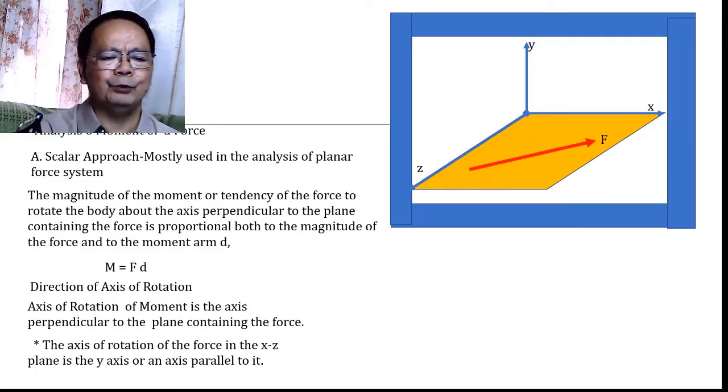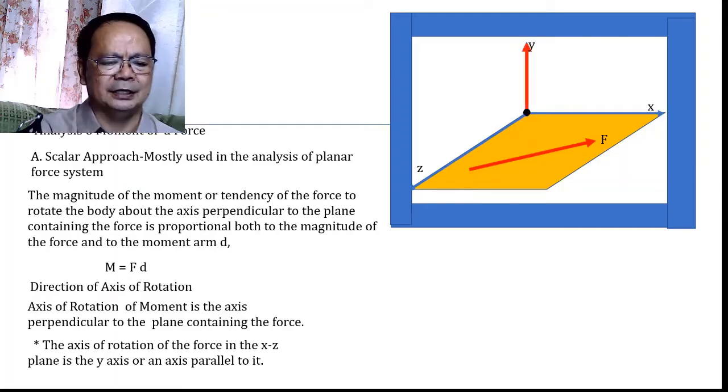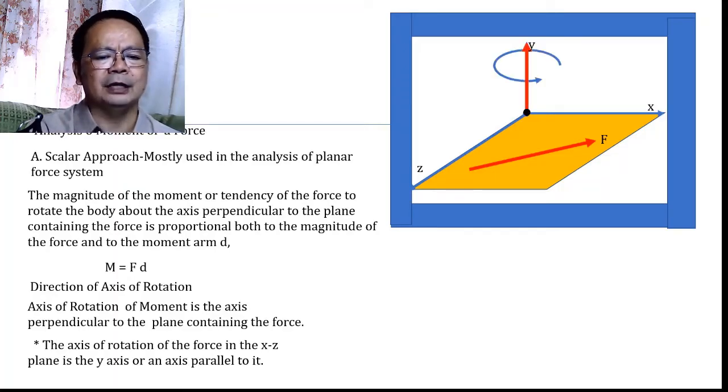Now, if we would like to determine what is the axis of rotation of this F, and when we selected the origin as the axis, then the axis of rotation shall be the y-axis. At kung pumili tayo ng other point, say for example, we selected this point on the plane, then the axis of rotation shall be the axis that is parallel to the y-axis. And so the body will be rotating in this direction.